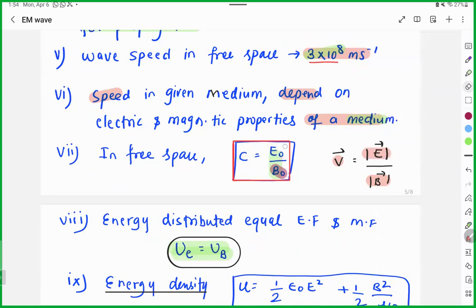Maximum value of electric field and maximum value of magnetic field. Very important formula. And if the speed is less than that, it is a normal medium. This is the speed in a normal medium, and this is the speed of light. C is the speed of light, V is the speed in a normal medium.